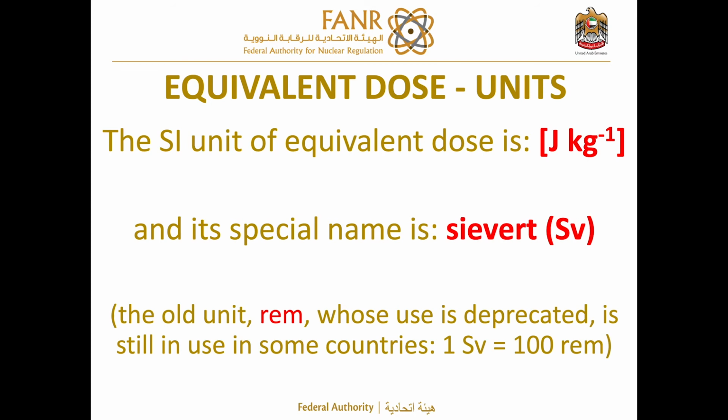So it's a very, very old unit that should not be used today anymore. Again, there is an exact relationship between 1 sievert and REM, it's 100. So the sievert, as the gray, is bigger than the REM, as the rad, and the conversion factor is 100.